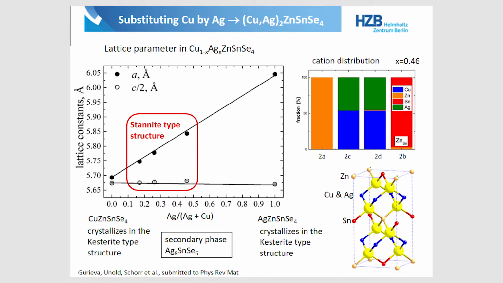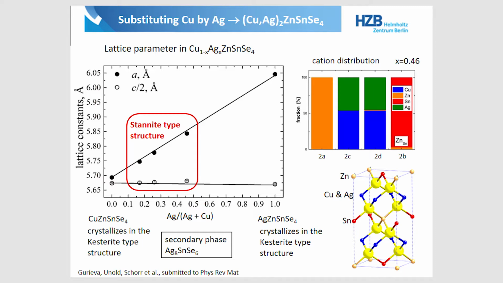So what to do to get rid of this copper-zinc disorder, which will give rise to these tail states, and we don't want to have it? So we tried to substitute copper by silver, to reduce copper-zinc disorder.